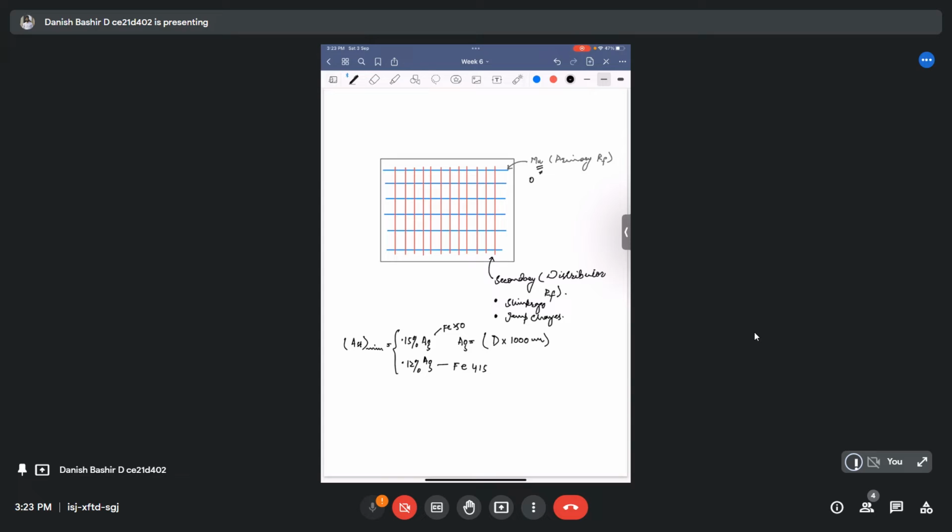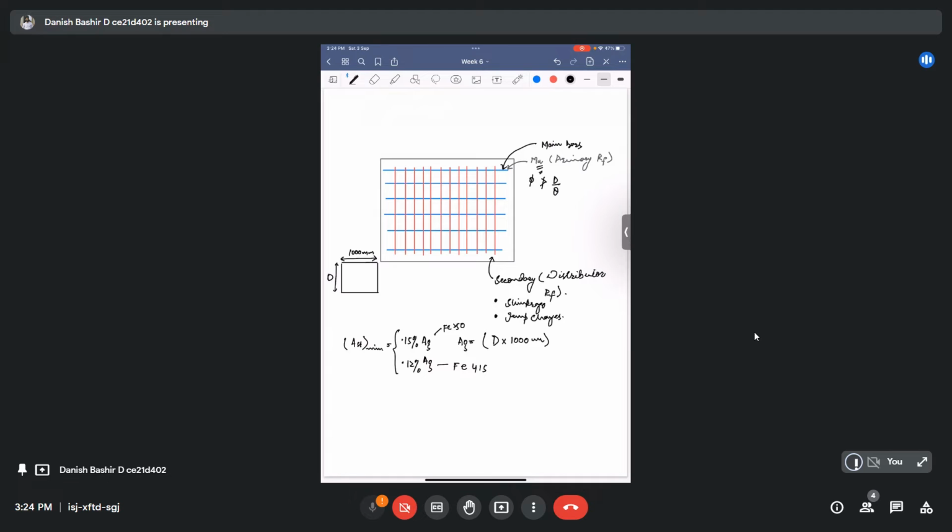The diameter phi of the main bars should not be greater than D by 8. Here D denotes the gross depth, as I already told you, and this is by definition 1000 mm.